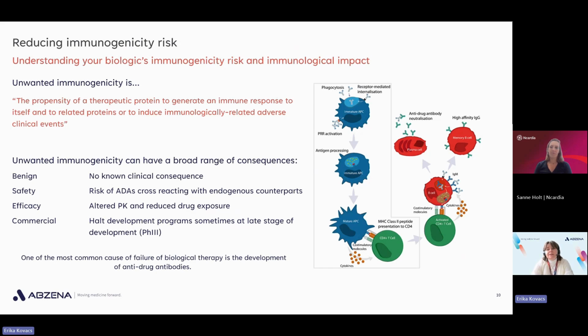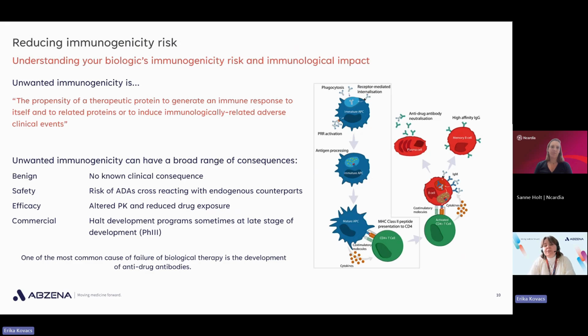And here in this schematic, it showcases the biological process of ADA formation, and all of our assays that I will demonstrate later on today are focused on the early events of this process, so the uptake and processing via APCs, that is the antigen presenting cells, and then presenting these to CD4 T cells.